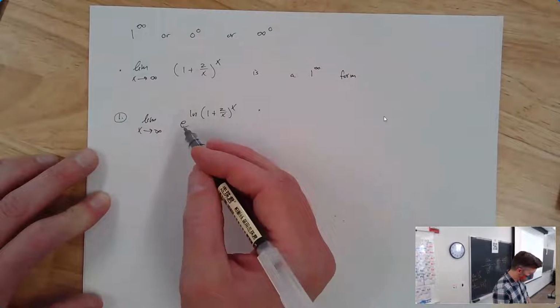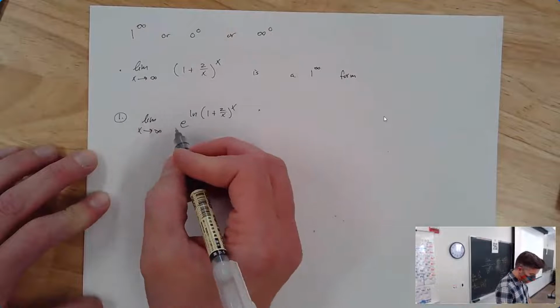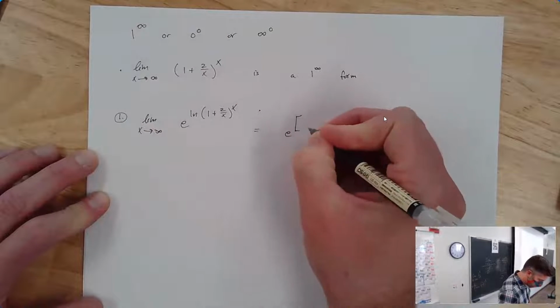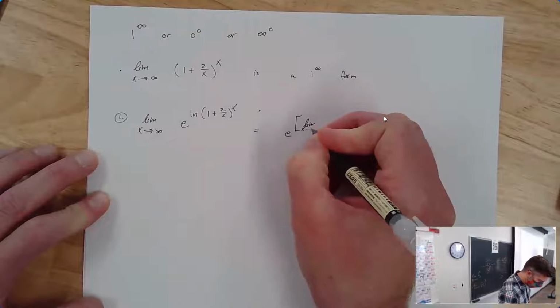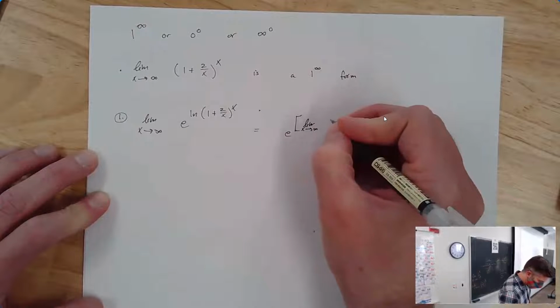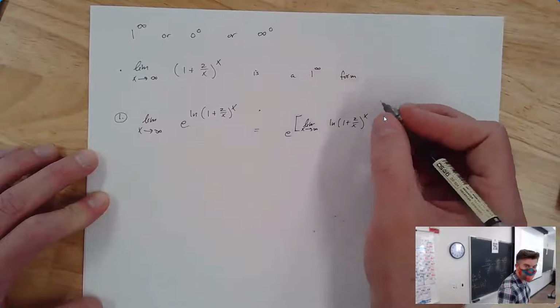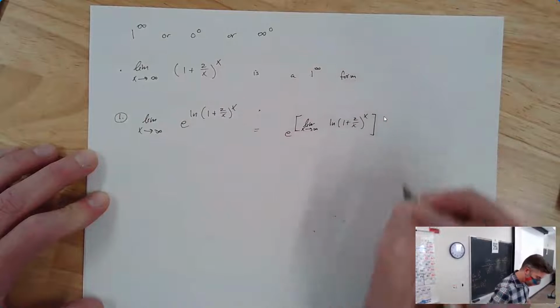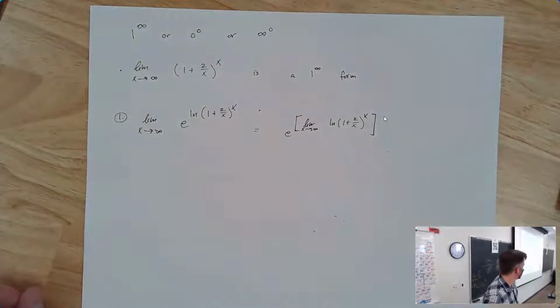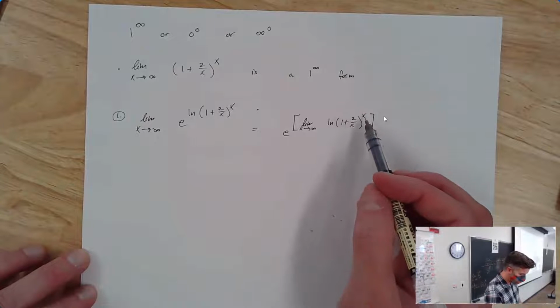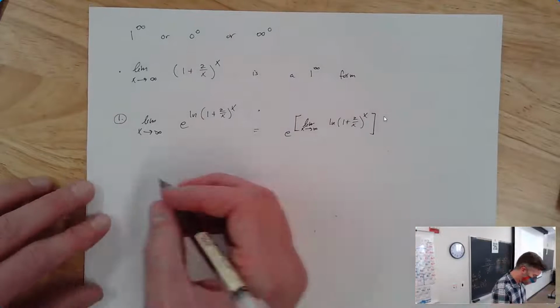The key step to recognize here is that we can write the limit of e to the something as e to the limit as x goes to infinity of the natural log of (1 plus 2 over x) to the x. We can't use L'Hôpital's rule yet, but we will be able to shortly. So I'm going to bring that x down in front.